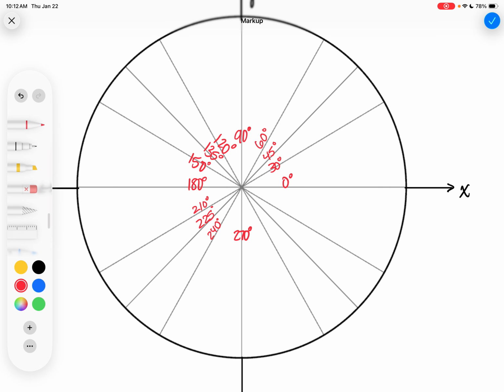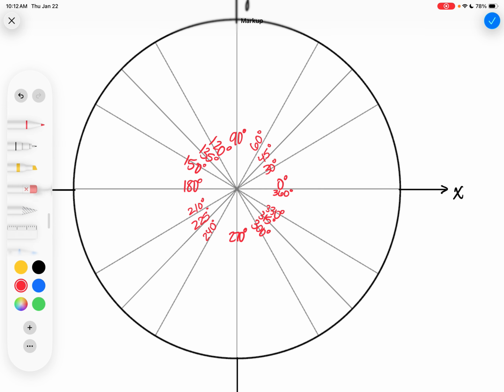Another 30 is 300. Then we've got 315. Then I've got 330. And then the next most commonly missed thing on the unit circle is not putting under here 360 degrees.